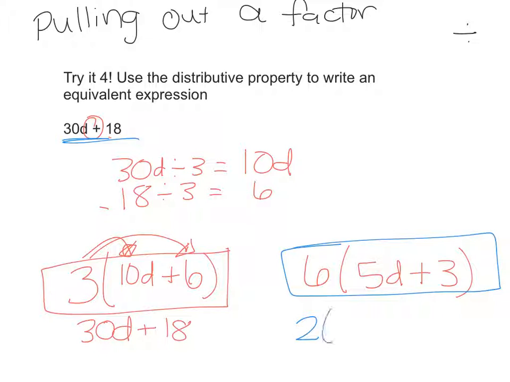If you removed a 2, you would have 15d plus 9. All of which are appropriate answers. So these are all equivalent expressions to our original expression. And it just said, write an equivalent expression, so any of those answers would have worked just fine.